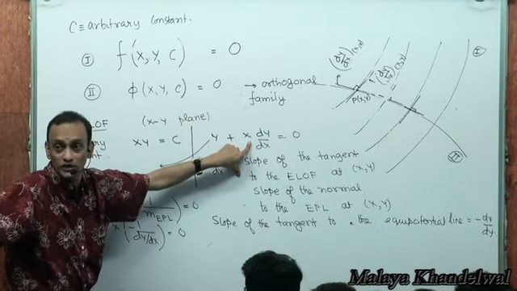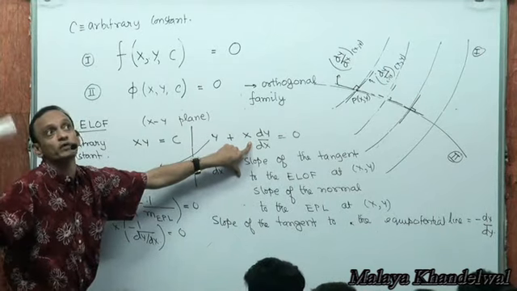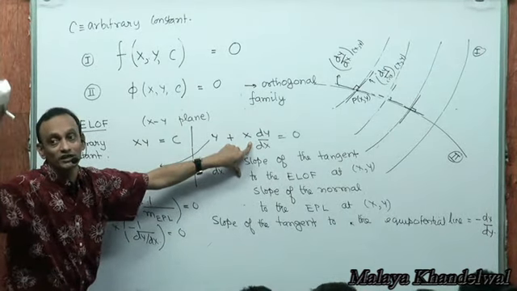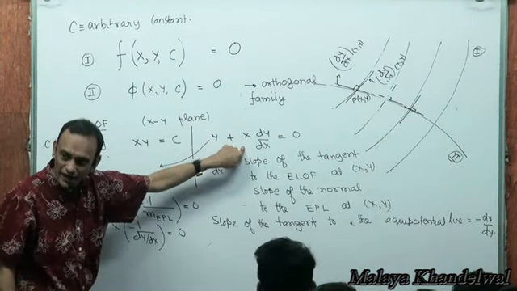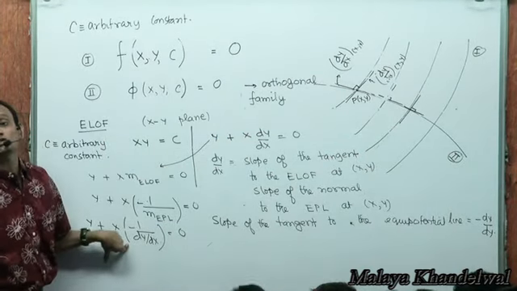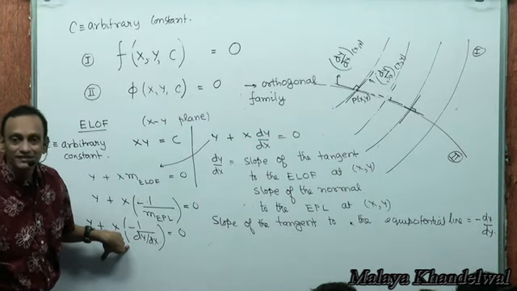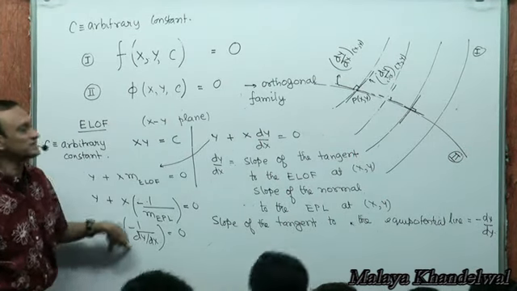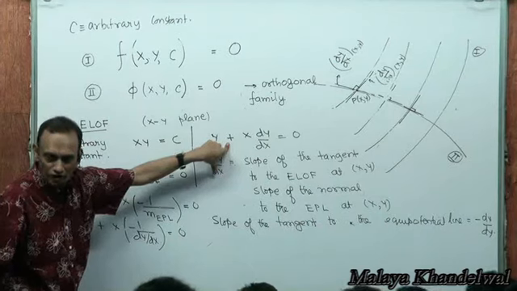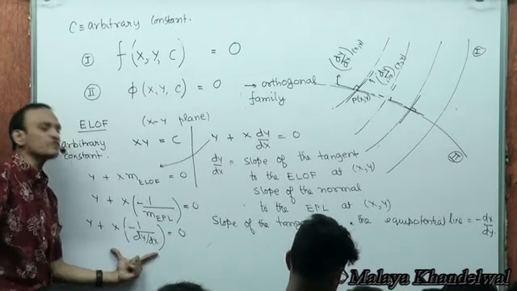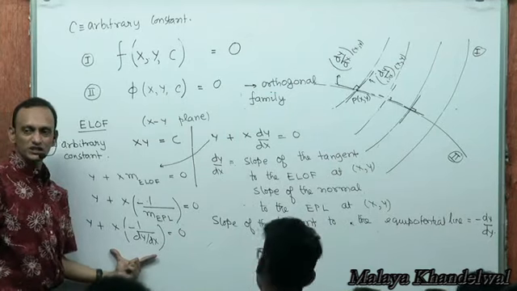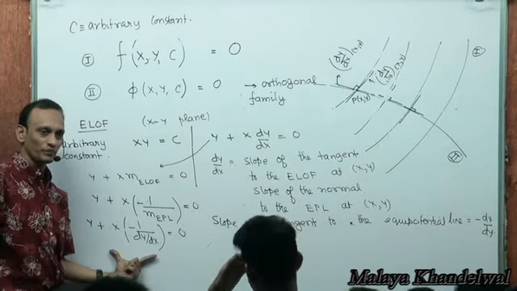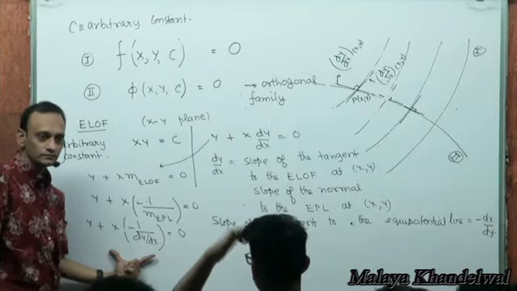Solve the new differential equation. The solution will give me a family of orthogonal curves. In this case, if this represented electric lines of force, then this differential equation will represent equipotential lines. Yes or no? Got me? Make sense now?